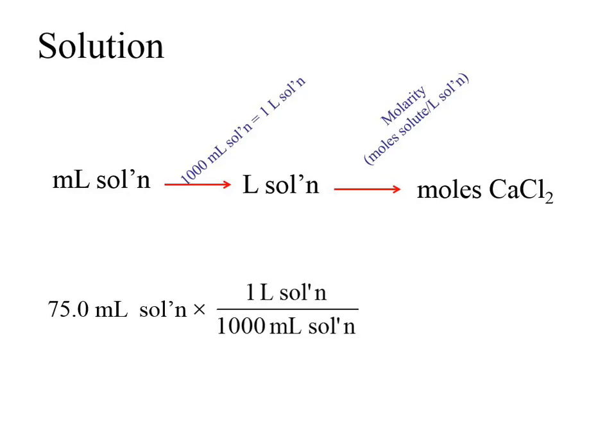Now I didn't unpack it for you here, but what do you think the next term is going to be? 0.108 mole on top. Yeah, on top, you got it. 0.108 mole calcium chloride on top and 1 liter on the bottom. And that should give us units of moles. So how many sig figs? 3.